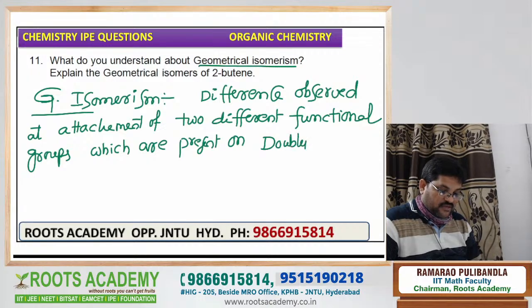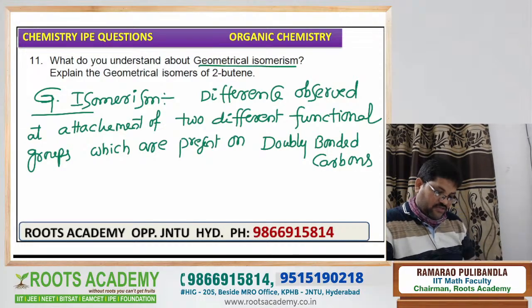Present on what? Doubly bonded carbons. That is the meaning of geometrical isomerism. Repeat the statement once again, students.